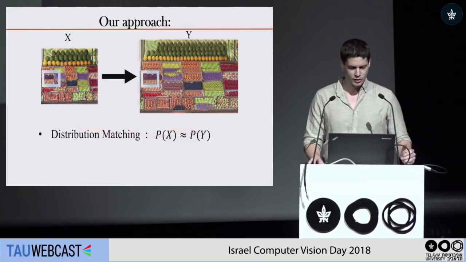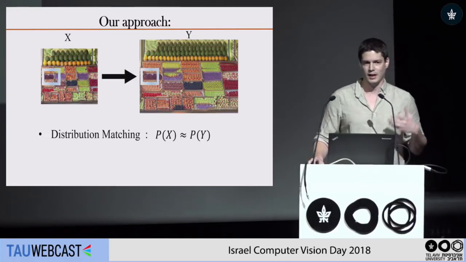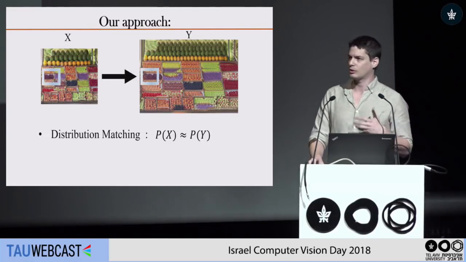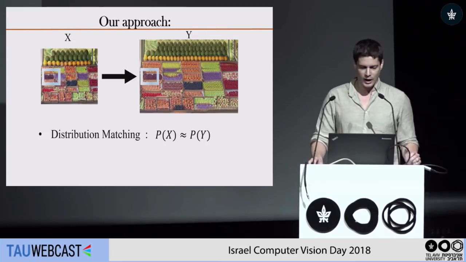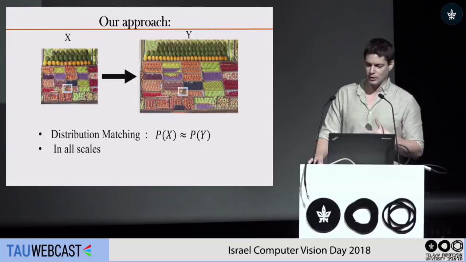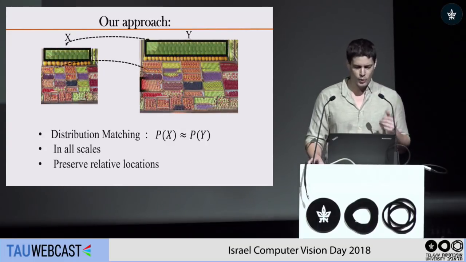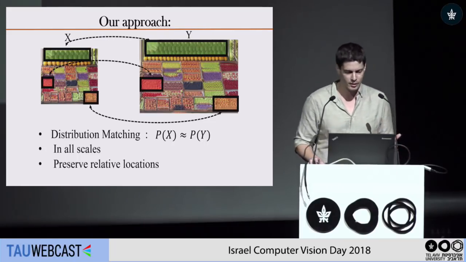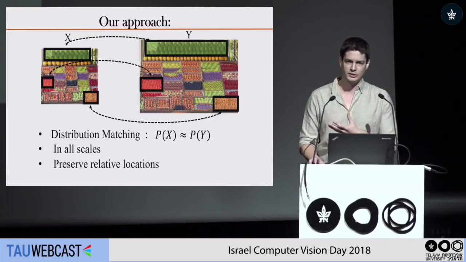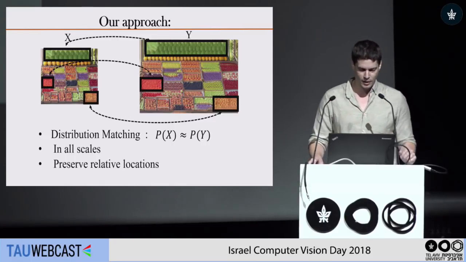We say that we want to do distribution matching, so that the distribution of patches in the source image will be as close as possible to the patch distribution of the target image. And we want this to hold for all possible scales. Lastly, we want to preserve the relative locations in the image. So in this example, you want the watermelons to maintain their position at the top of the image.